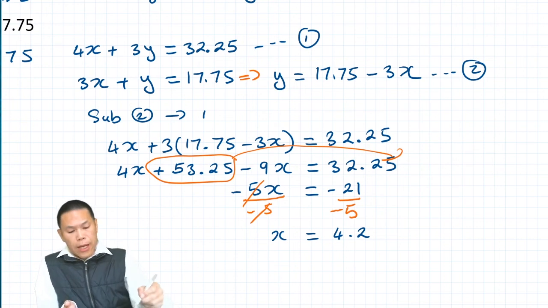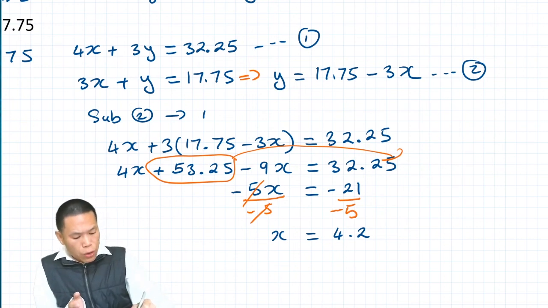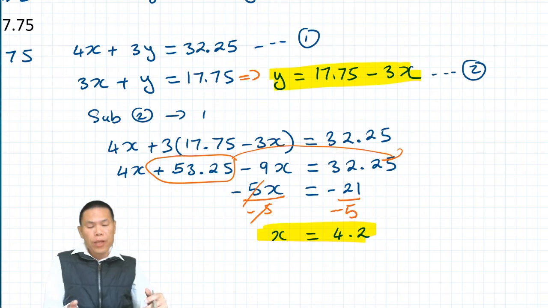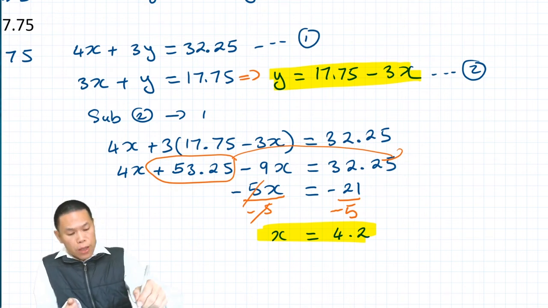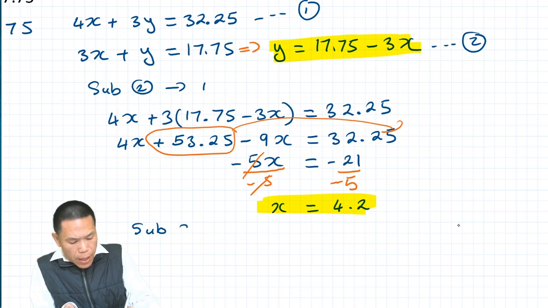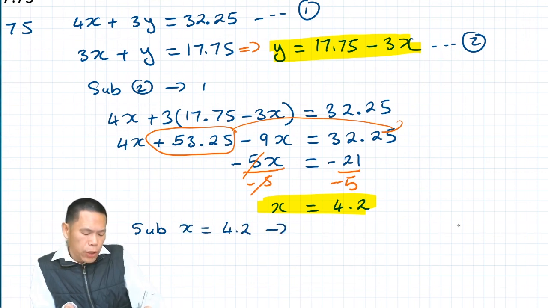Now to solve y, I just substitute x equals 4.2 into equation number 2. It's easier. Of course, you can substitute into number 1, but it's easier if you substitute the value into equation number 2. So I just say substitute x equals 4.2 into equation number 2.